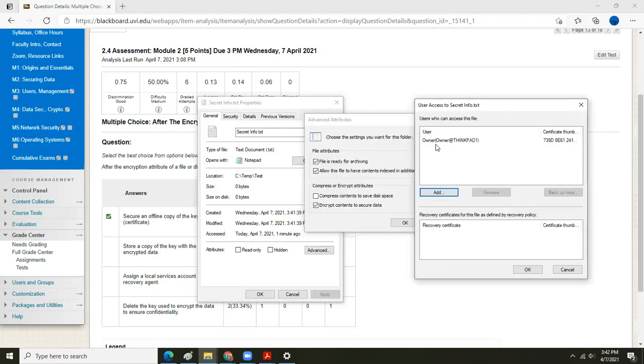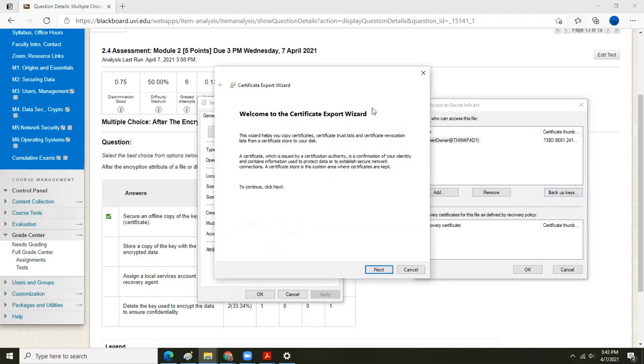When you go to details, you can select this and generate a backup key. So the first time we do this, it prompted for this to export the certificate. Everybody remember this? Yes. Okay. After you do it the first time on a system, it remembers that you already have an exported certificate.